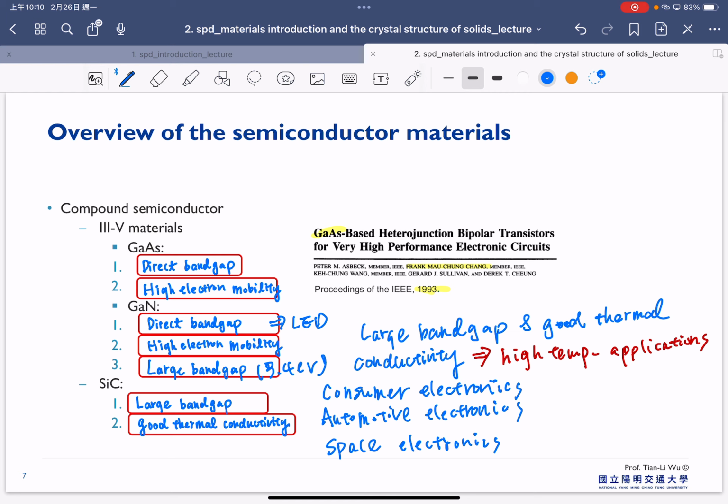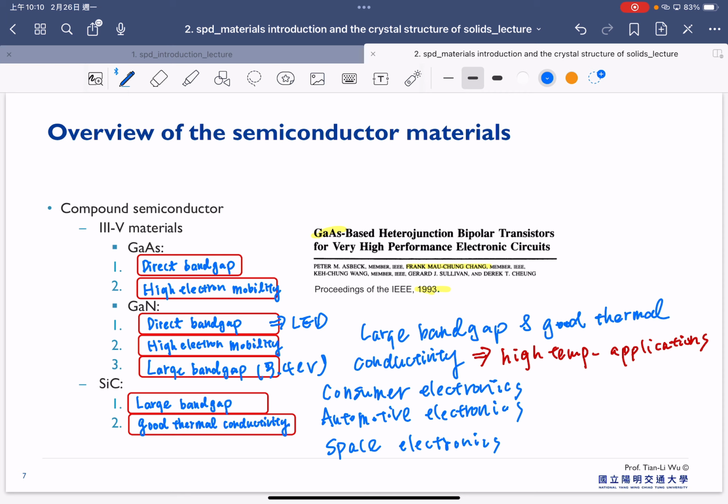Also, the car runs every day on the road, even at night or in the hot conditions at noon. Therefore, automotive electronics have to be verified under very extreme temperatures.